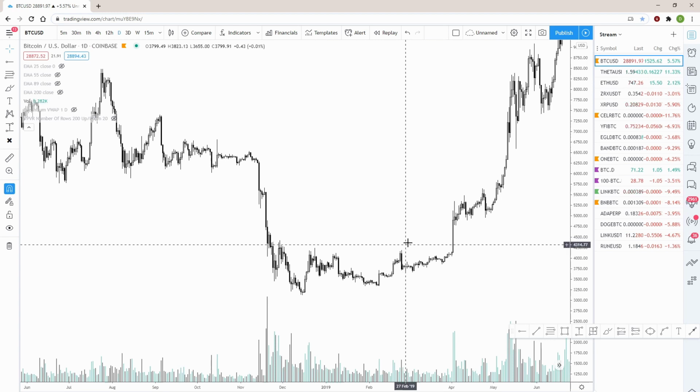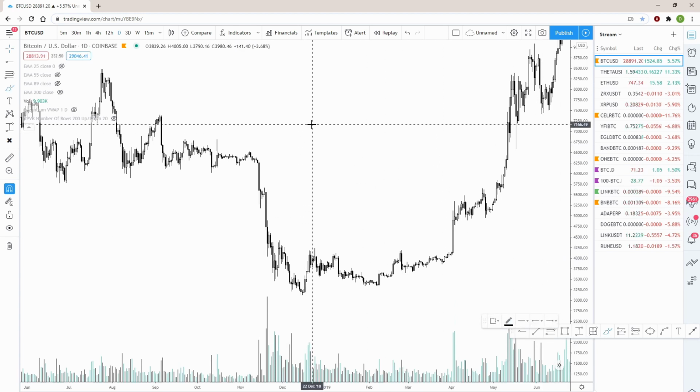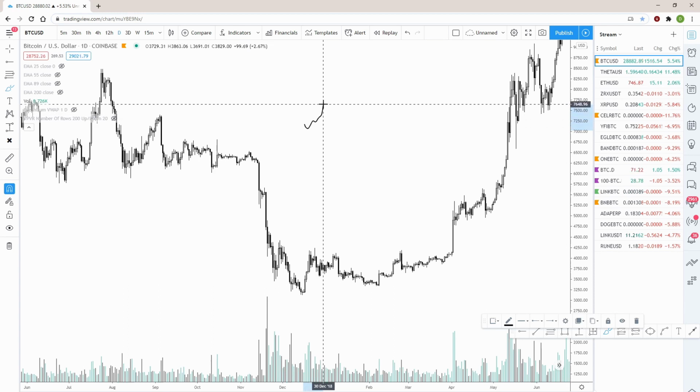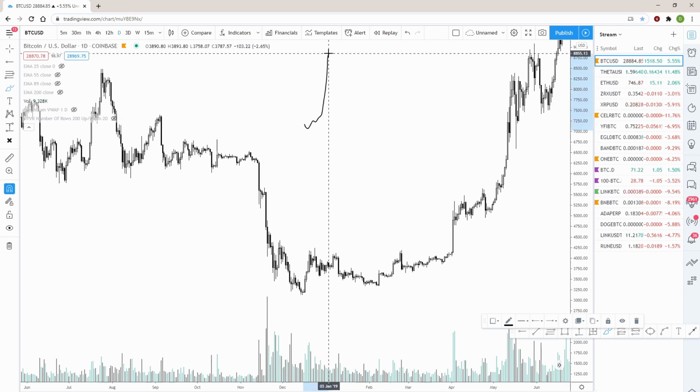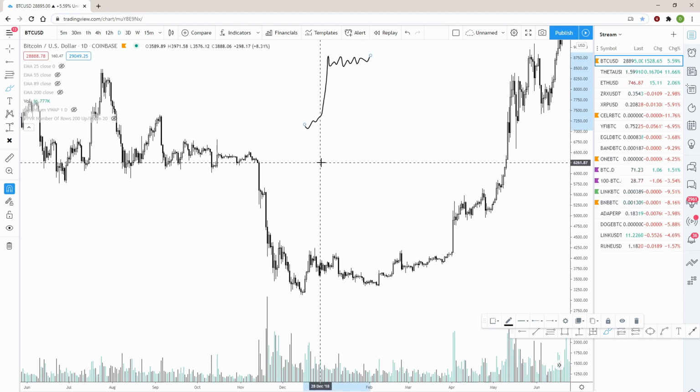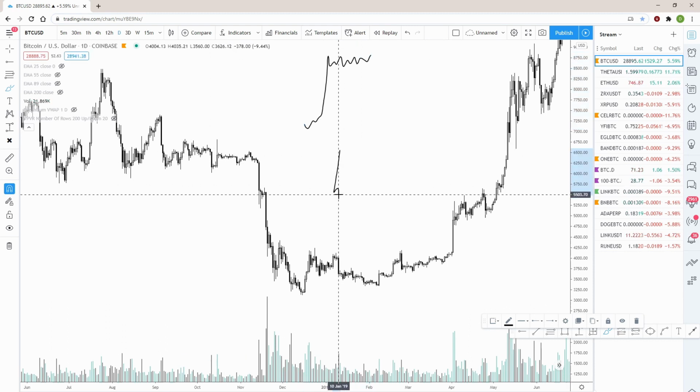So what is a range? A range is when you see price consolidating and hitting both sides of the range. The range is established generally after a big impulse move up or a big impulse move down.